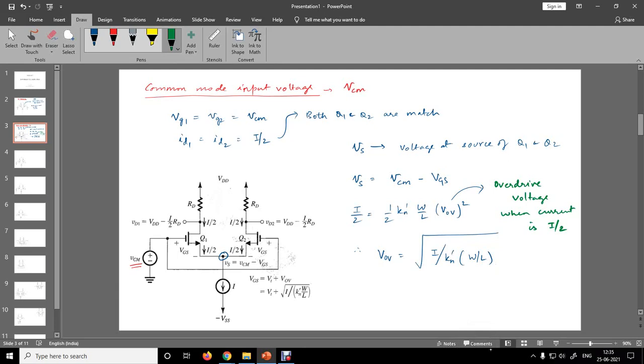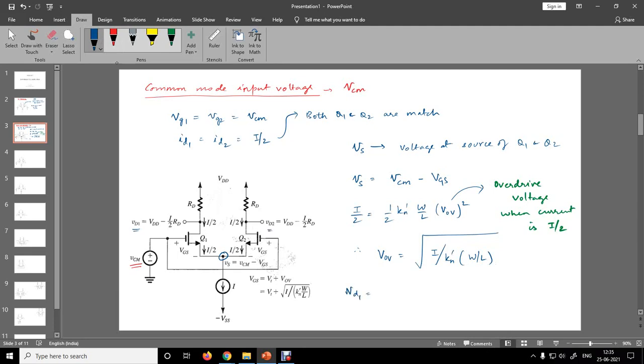Remember, both these transistors Q1 and Q2 are biased by the same current source I. So the summation of currents seen in both the branches, across Q1 and Q2, if I take the sum of them both, it should be equal to I only. And if you look at VD1 and VD2, it's simple.